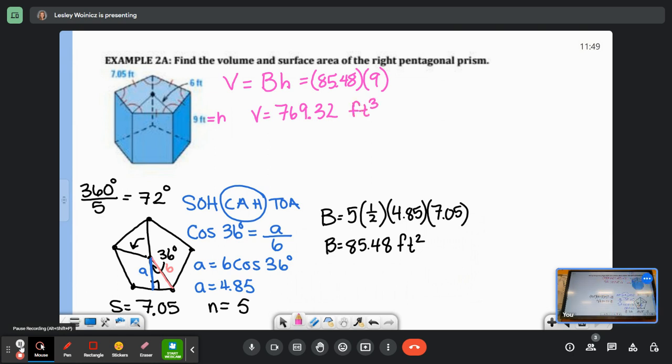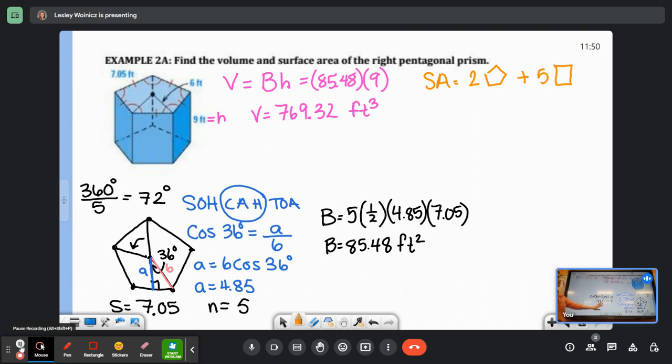Now we have to find the surface area. So how many pentagonal bases do we have? Correct. So we have 2 pentagonal bases plus how many rectangular sides? 5 rectangular sides.